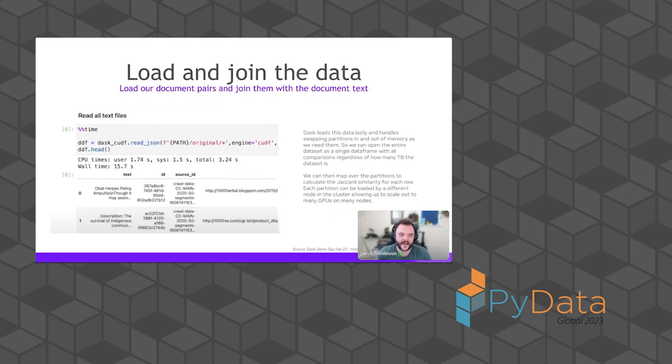And we can load that up and join that with the text in the original data set. And all of this in Dask is lazy. So we end up with a nice data frame where we have the text of a document and the text of another document in a row. And we just have many, many rows. And these all show all of the comparisons that we want to do in order to see whether or not this is the same document.